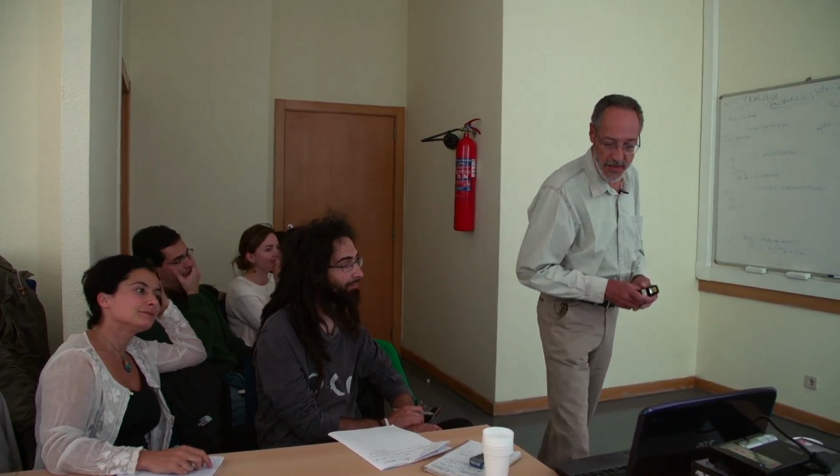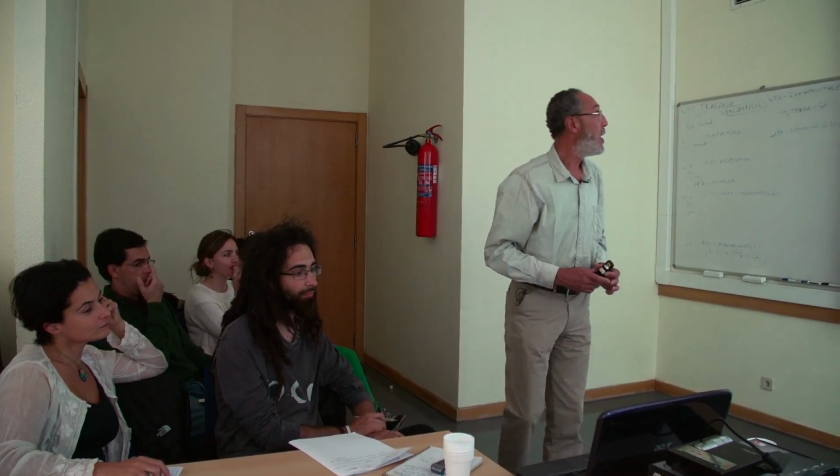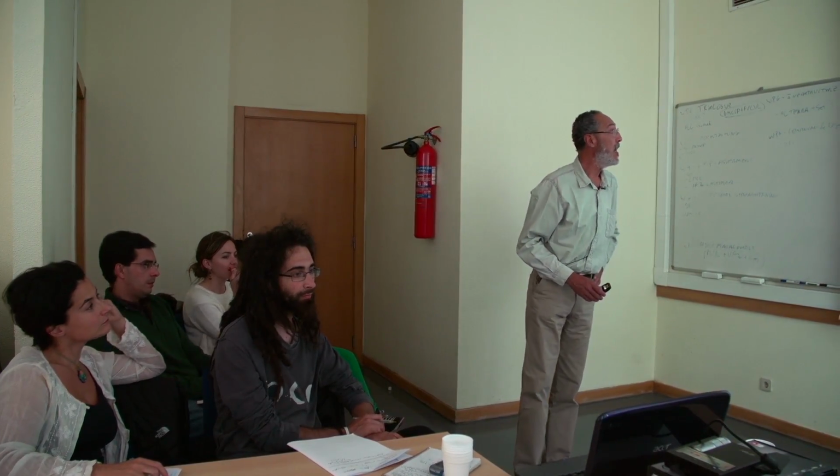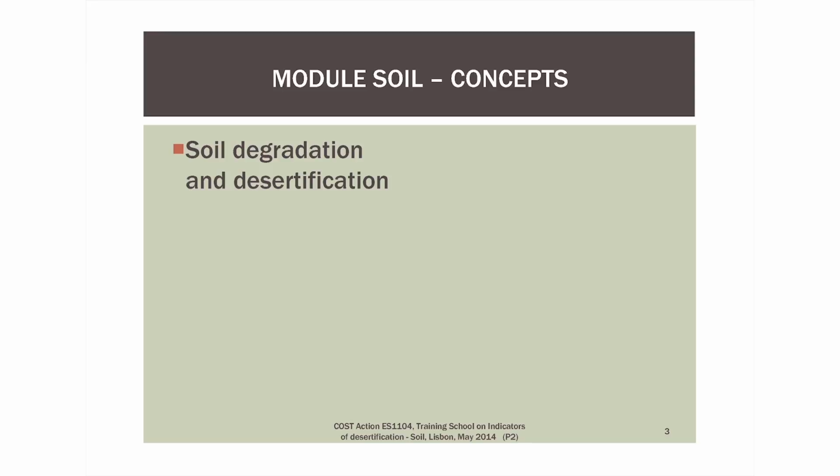And we are starting with soil degradation and desertification, going to soil-based indicators, and we'll finish with a critical analysis of those indicators. The first topic addresses soil degradation and desertification.